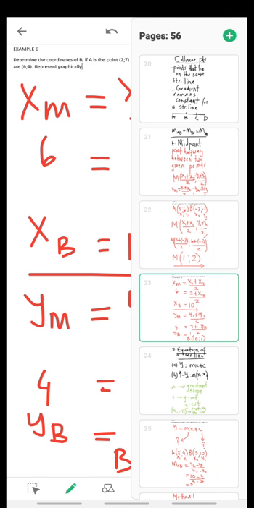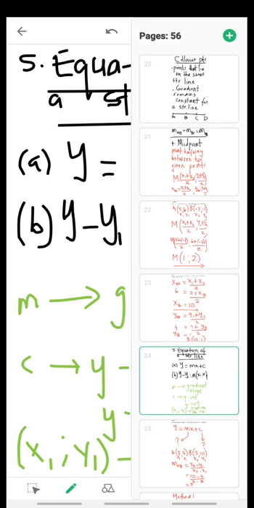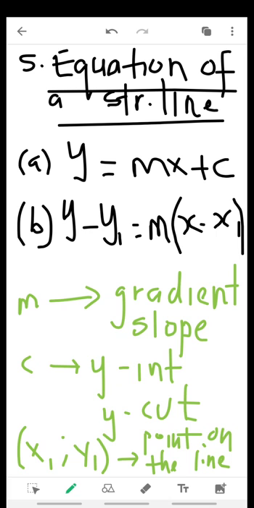Okay, now moving on, slide 24, we are going to look at the equation of a straight line. What's an equation? An equation is a formula that defines a certain function. In this case, the function is a straight line. It's a linear function. So we want to look at how we find a formula for any straight line, and we call it an equation of a straight line.